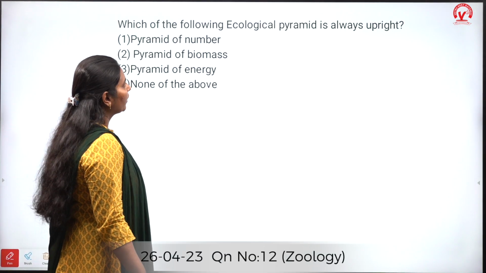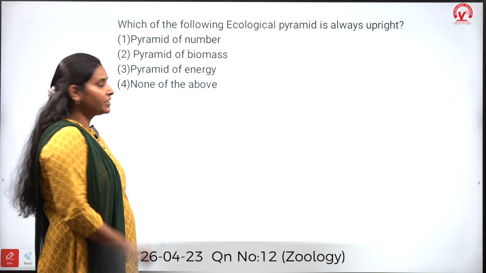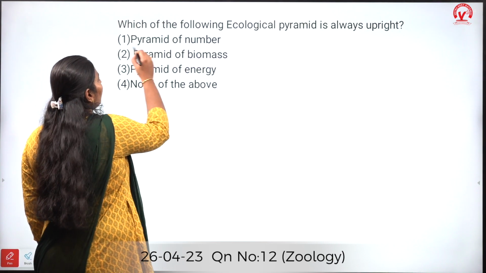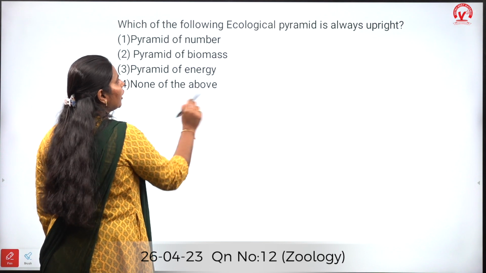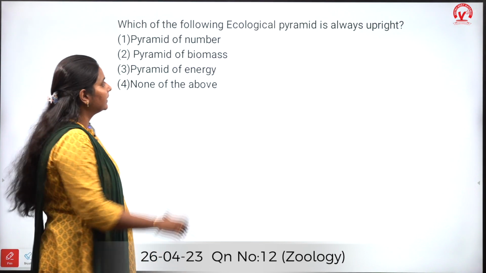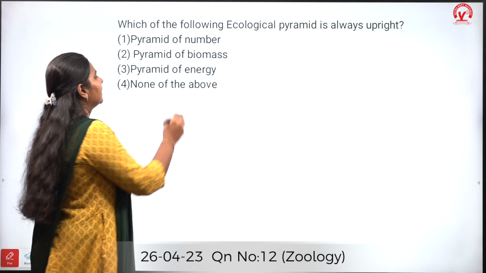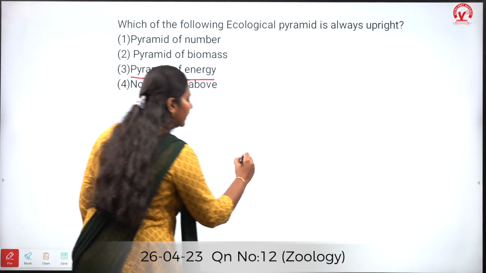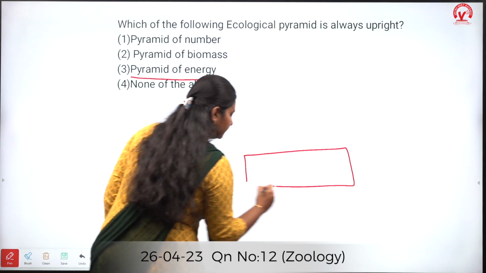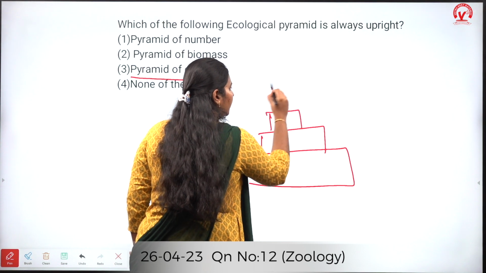Which of the following ecological pyramids is always upright? And the options given are the pyramid of number, pyramid of biomass, pyramid of energy and none of the above. Usually there are 3 types of ecological pyramids, and among these the pyramid of energy is always upright. That is, it can never be inverted. So this is the diagram of an ecological pyramid.